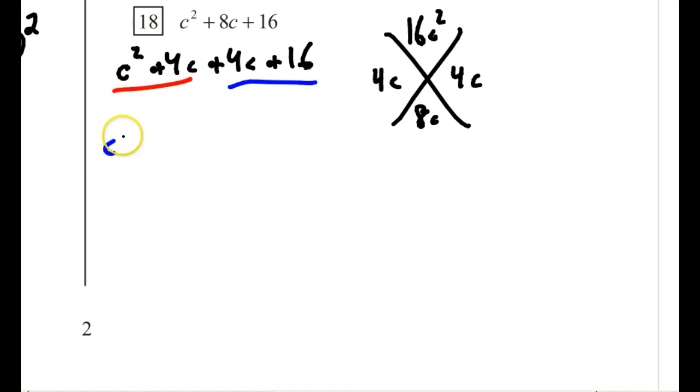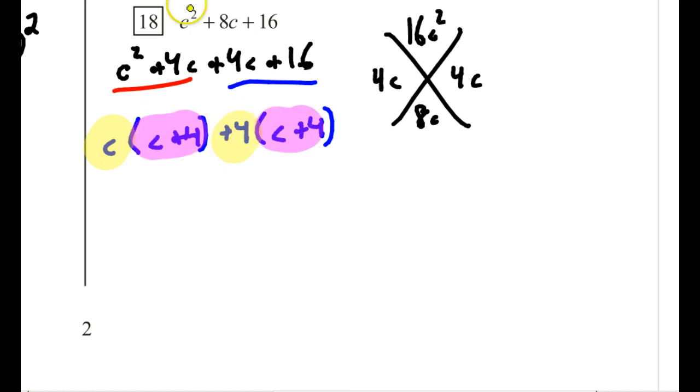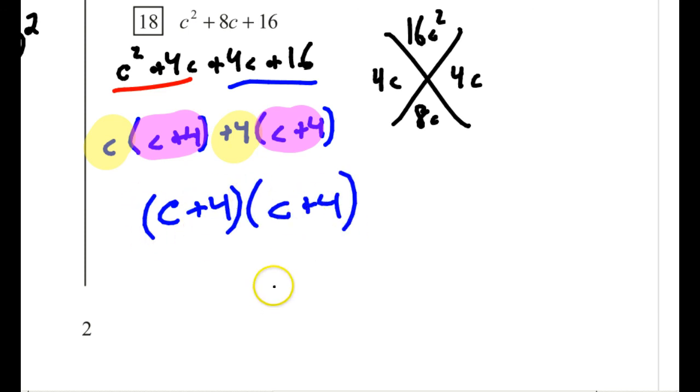And this is the case where you'll get the same term again. So you get c plus 4 here, but then you also get c plus 4 here. So our final answer is c plus 4 times c plus 4, okay, which is the same as c plus 4 to the second power, because there's two of them.